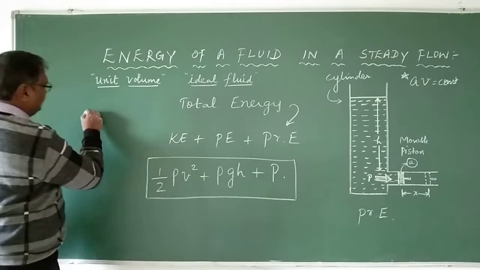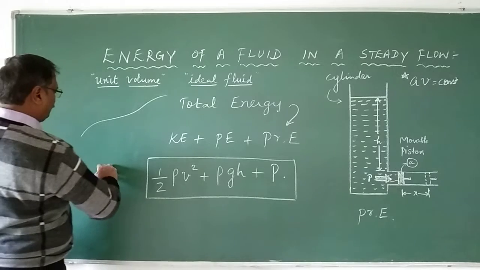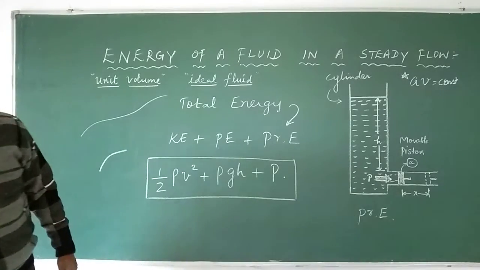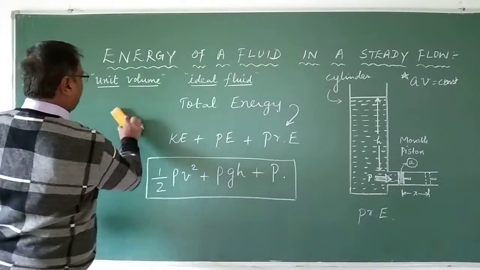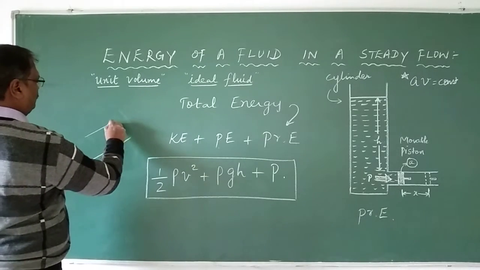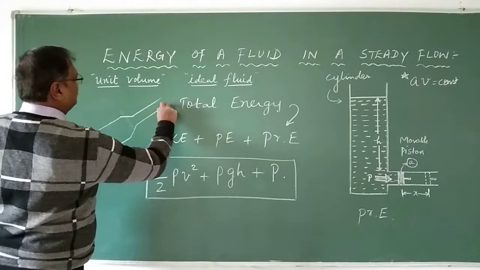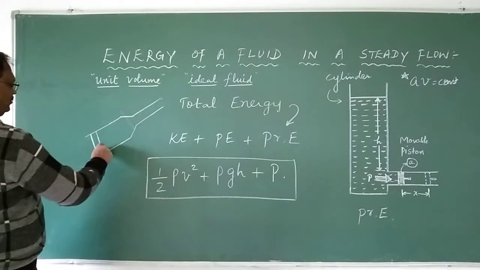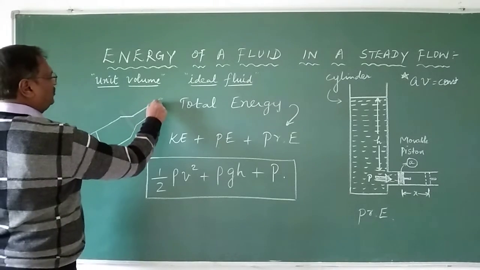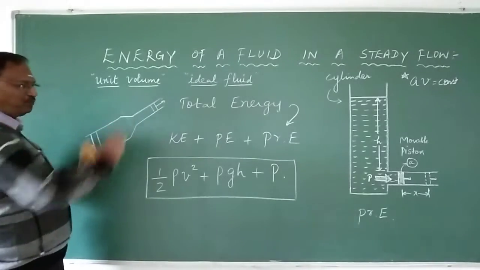Suppose I take a tube, let us say, like this, with varying cross section. Let me draw a little bit carefully. Yes, like this and like this. If I have a piston here and push, the water will move in this direction. I am applying energy to push it.